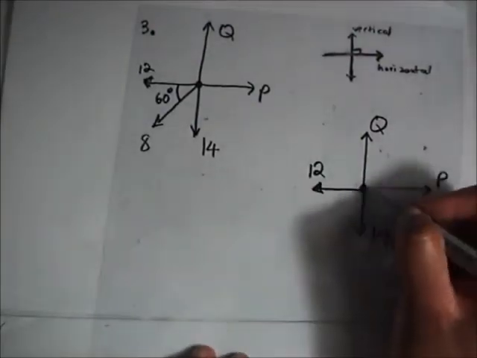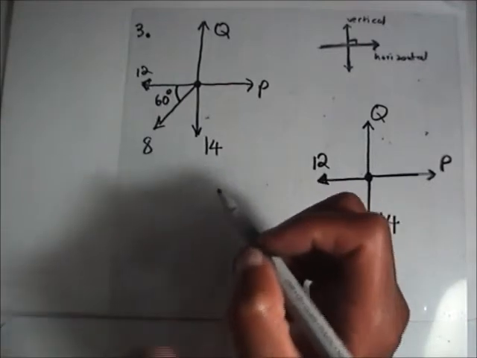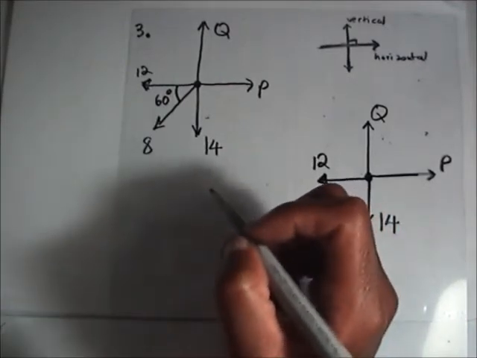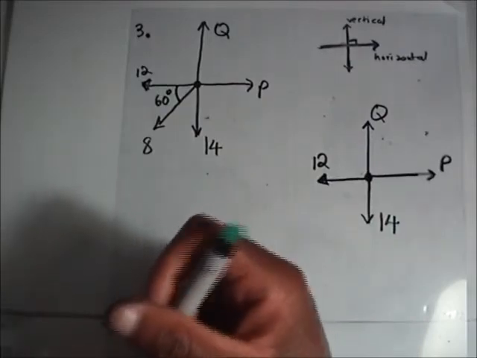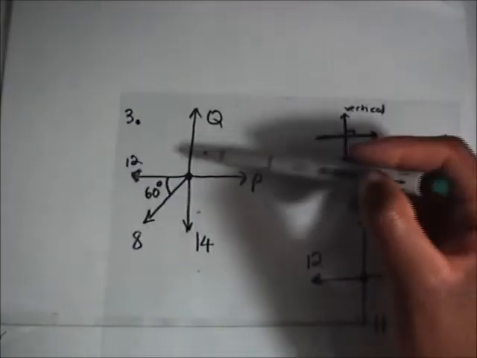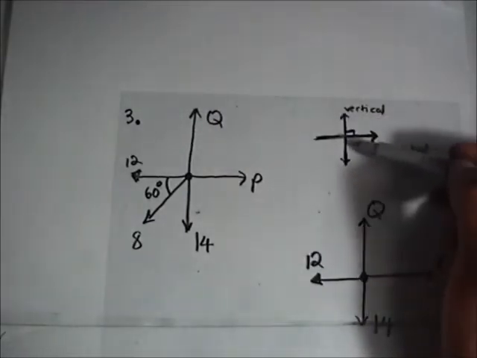So the point is this: if a force is 100% along a direction, it will not have an effect on the other direction. Can you see Q is vertically upwards? So it has no effect in the horizontal direction. It only has an effect in the vertical direction.